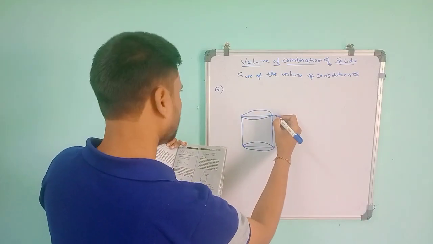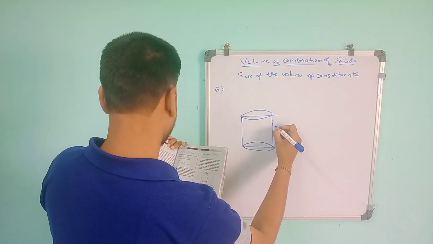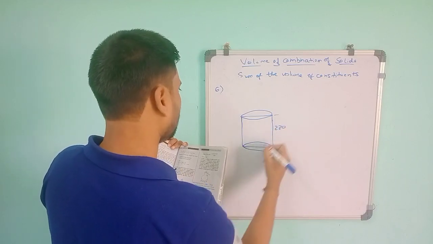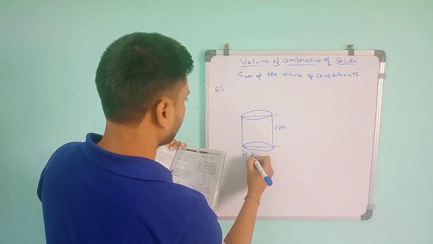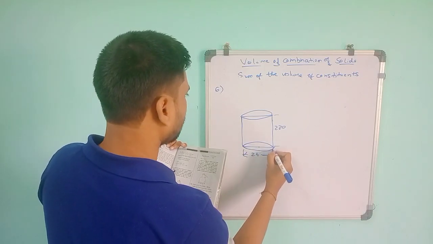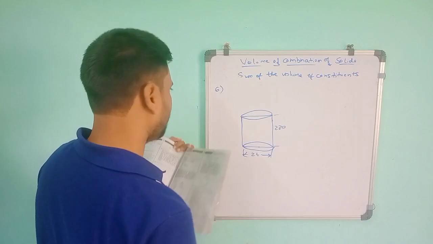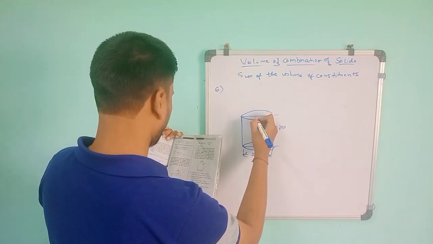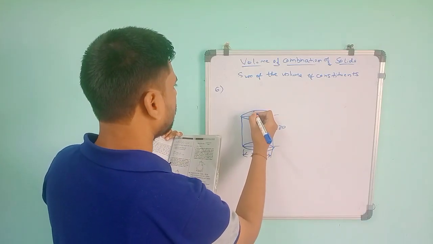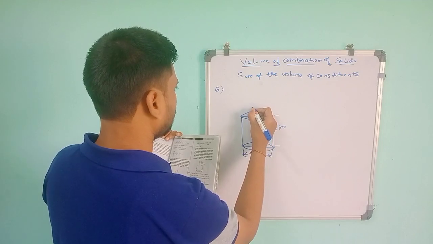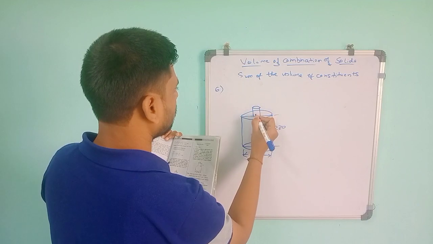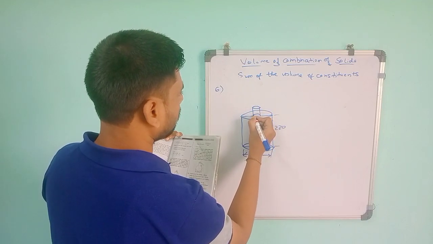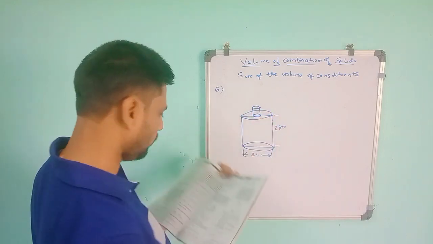This height is 220 and the diameter they gave is 24. Then upside, one more cylinder is there.